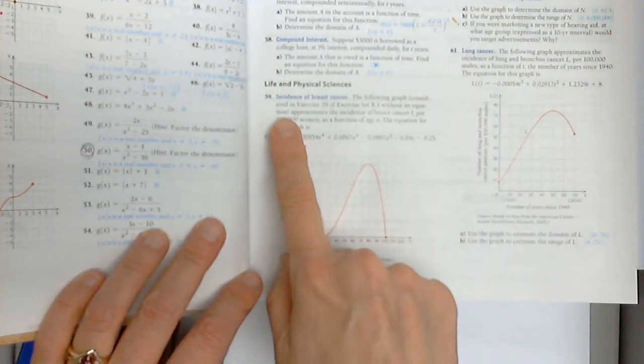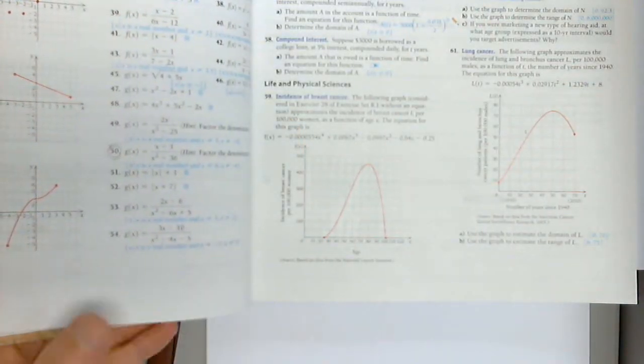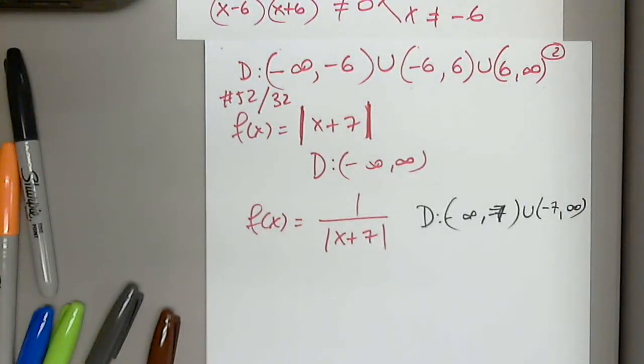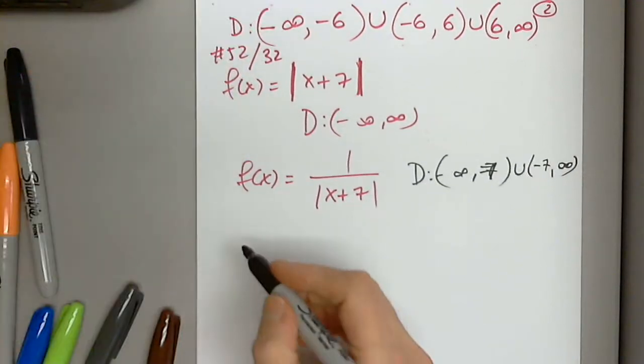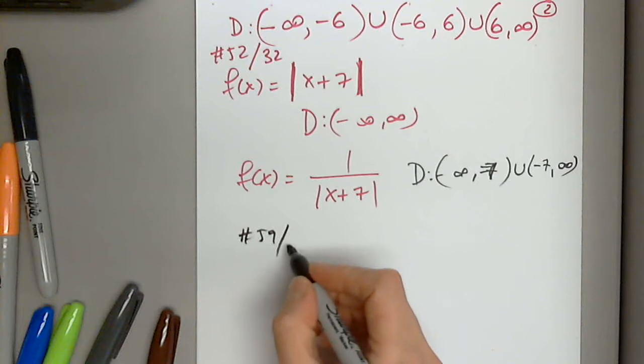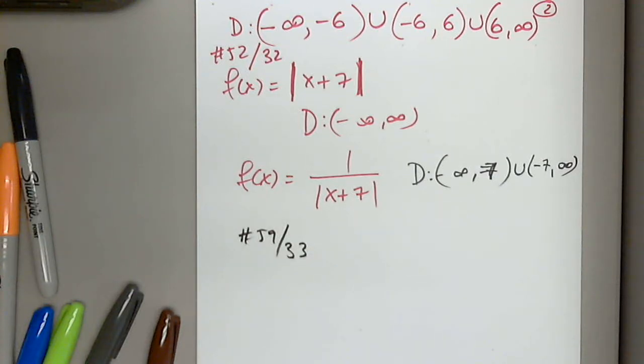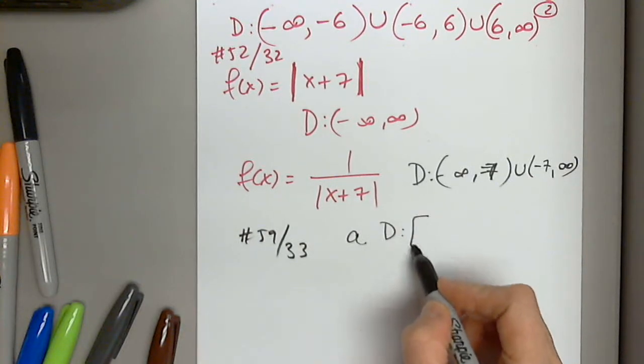So yes, this is problem 59 on page 33. So in part A, you told me between 25 and 102.